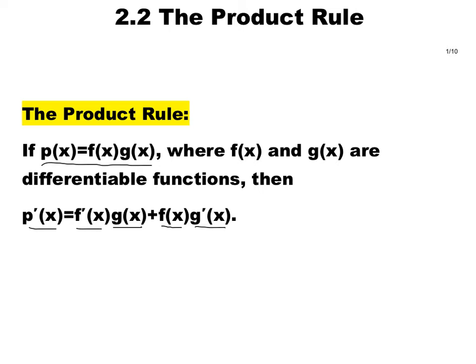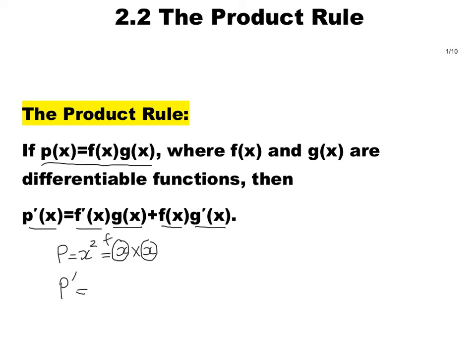What this rule says, for instance, if I have p to be x squared, I can write x squared as x times x. So I can say this is function f and this is function g. Then the derivative p prime is the derivative of function f.